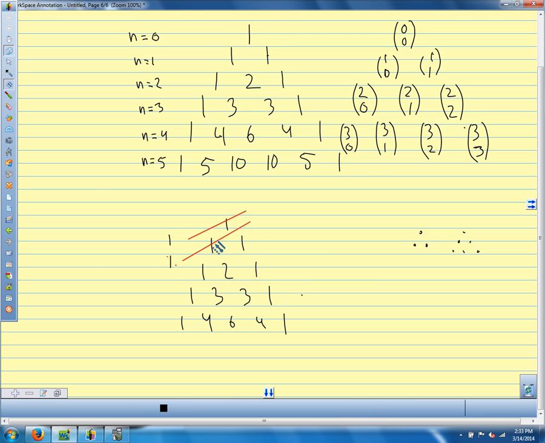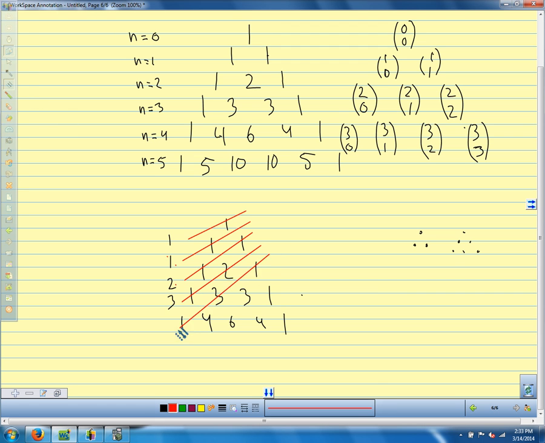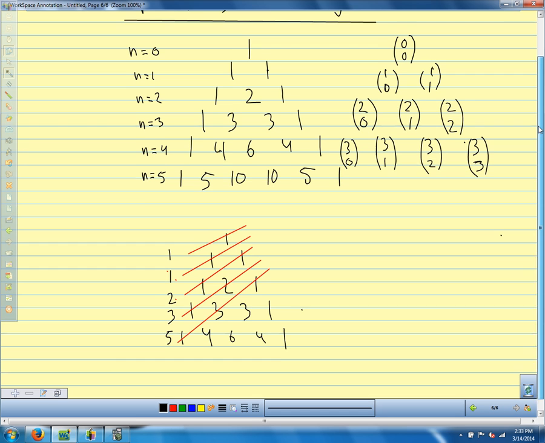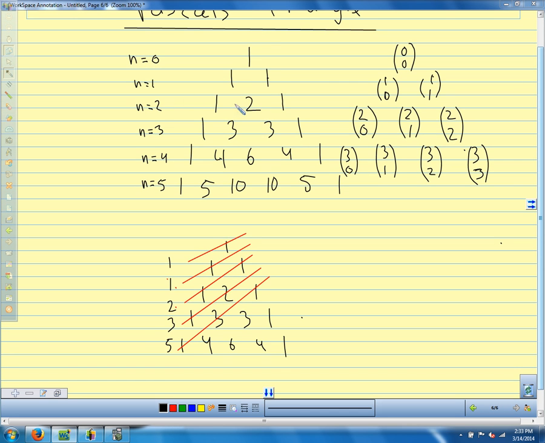I take the next shallow diagonal, I get 2 when I add those together. Take the next, I get 3. Take the next, I get 5. And there's the Fibonacci sequence in Pascal's triangle. There's a lot of really interesting patterns that come up in Pascal's triangle. The main one that we can use in this section is these binomial coefficients. Pascal's triangle gives us binomial coefficients.